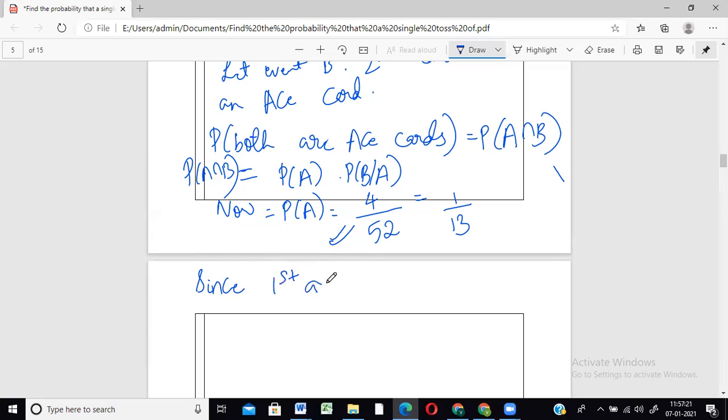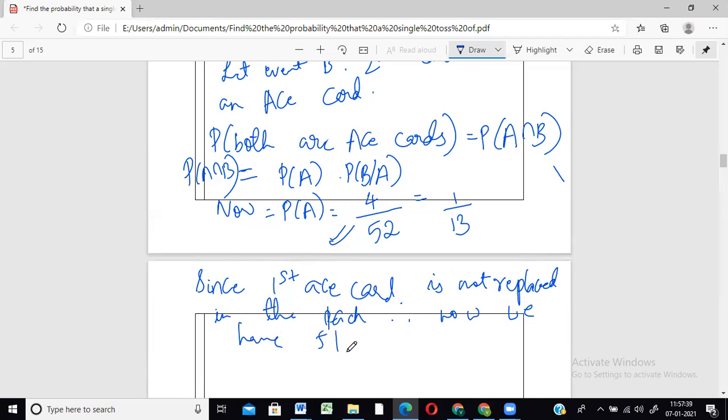Since the first ace card which was picked up is not replaced, as clearly and strictly mentioned, it is without replacement, therefore now we have only 51 cards.